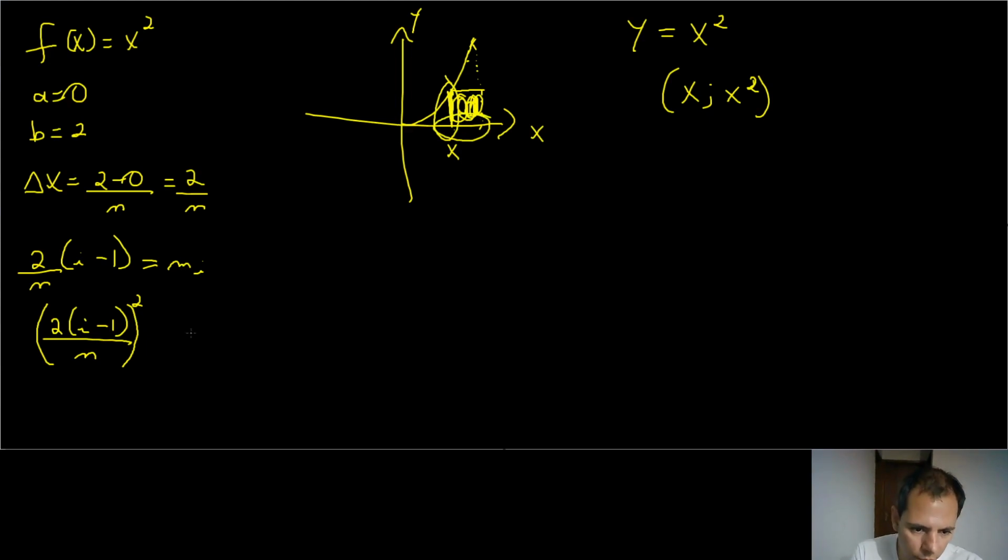And the width is what? 2 divided by n. So you have to multiply this by 2 divided by n. There you go. Now you have the complete formula. And for this formula, you want to find its limit. It's going to be the limit of this formula as n approaches infinity.